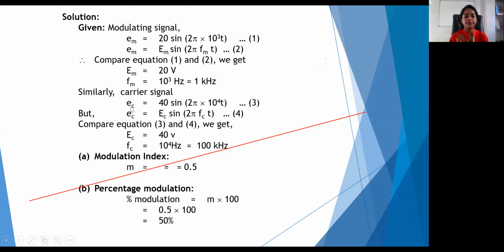From here you calculate the things. You calculate the carrier frequency also. fm we have calculated as 1 kilohertz. Then you calculate the modulation index, you know Ec and Em, Em by Ec gives the modulation index, then percentage modulation. From here you can see that it is 50% modulation.